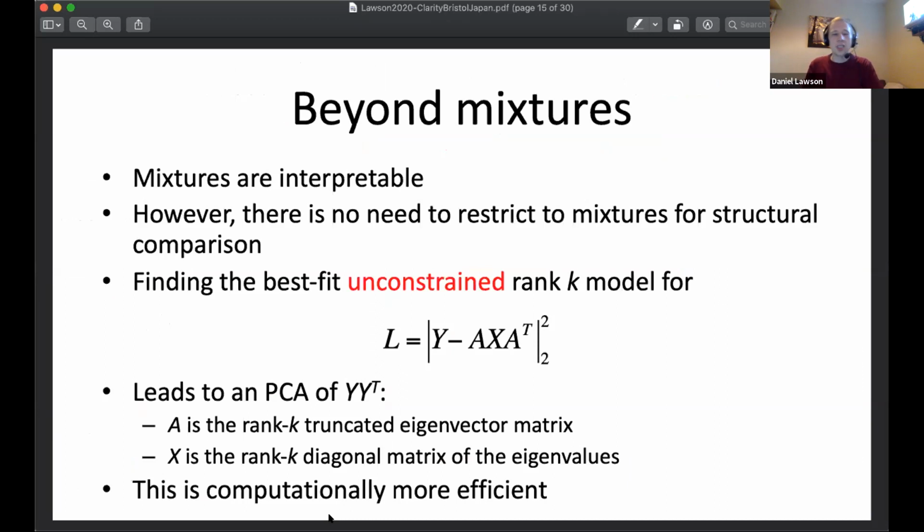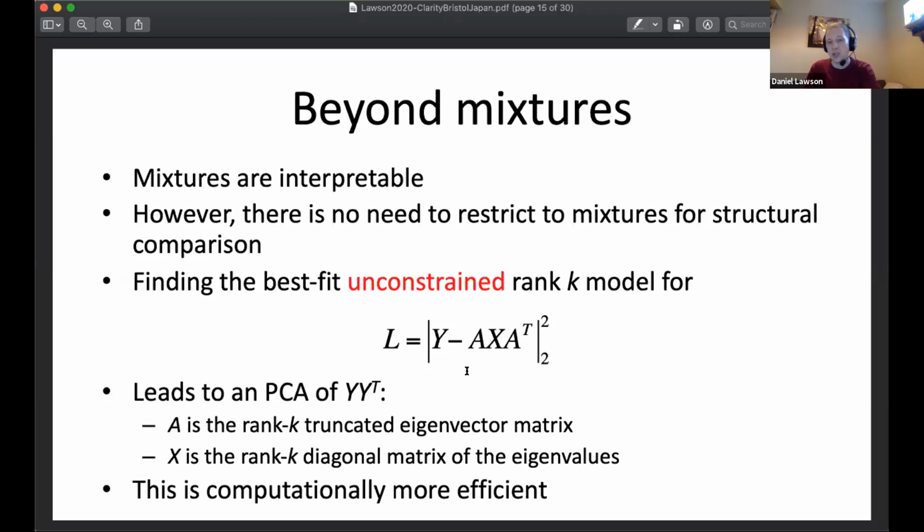So I like mixtures, they're interpretable. Unfortunately, they are not necessary for what I was trying to achieve with clarity, or maybe fortunately. If we instead remove the constraint that the A should be a mixture and just allow it to be anything, then we've got the same loss function, Y being approximated by A X A transpose.